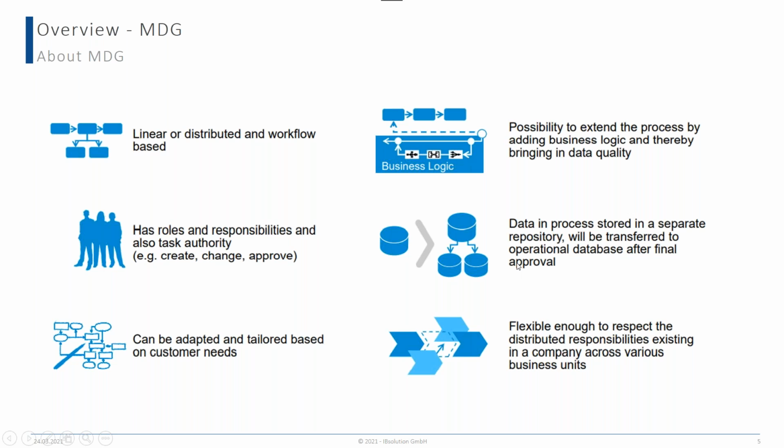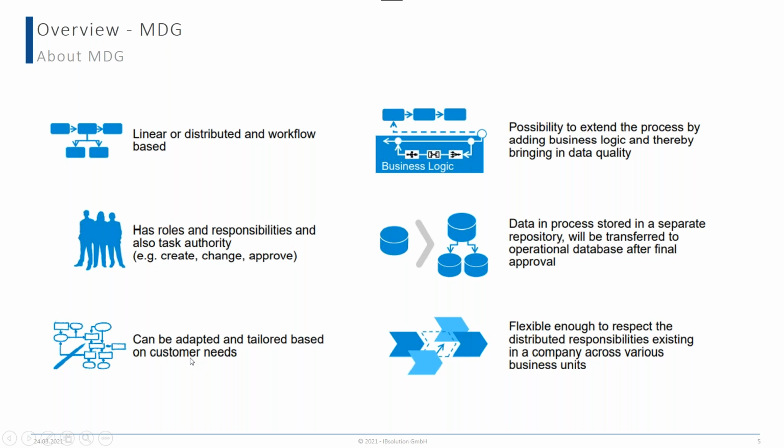How MDG works here: when we start any creation or change process, it will not go directly into the database table. It has its own area, called staging. Once we approve everything, and all the departments agree with the data, it is transferred to the operational database systems, so that we will not have inconsistent data. This also follows all the business logic; it has to pass through, and only then will it activate the data.